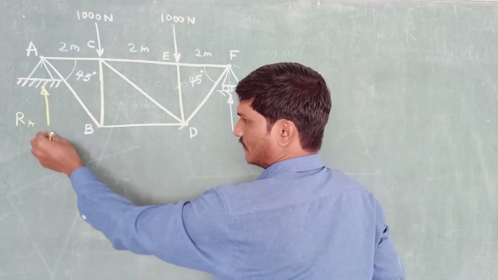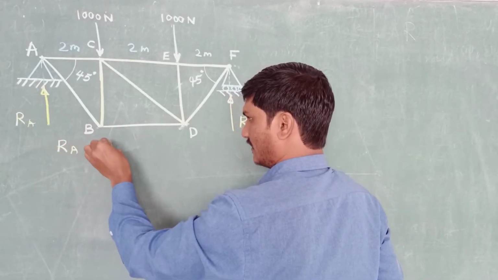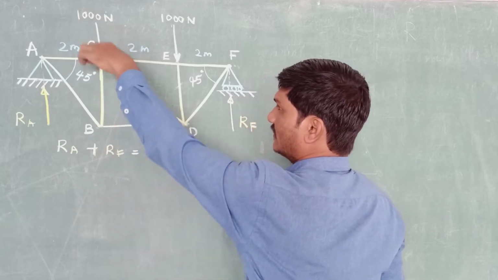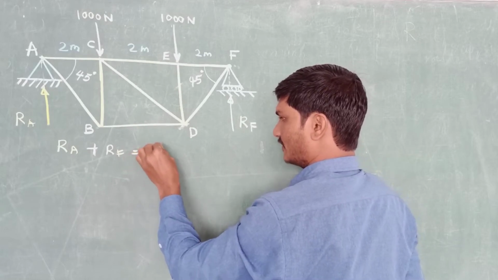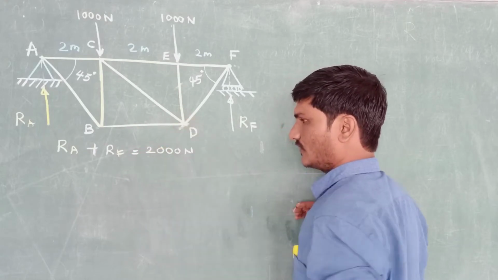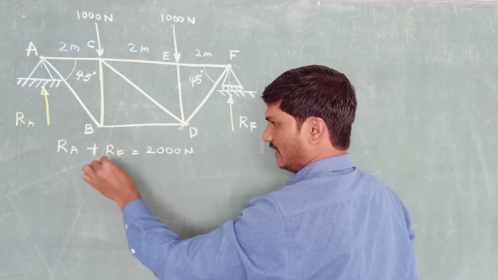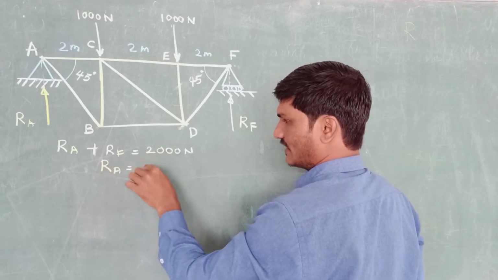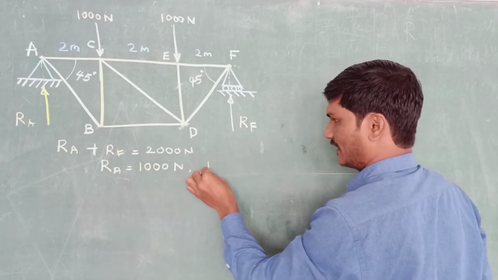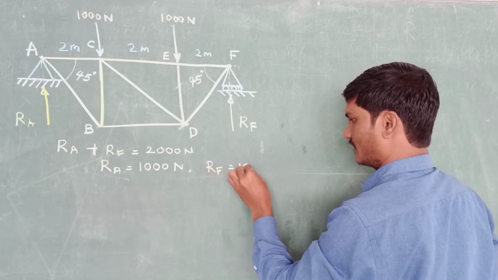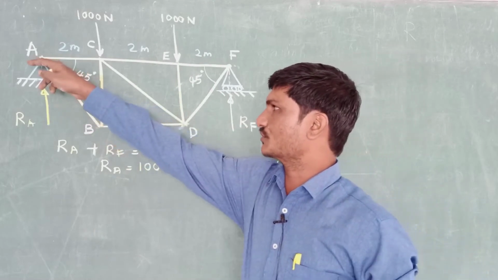So RA plus RF is equal to 1000 plus 1000, which gives 2000 Newton. Now the reaction forces will be 2000 divided by 2, so you get 1000 Newton, and RF is also 1000 Newton.